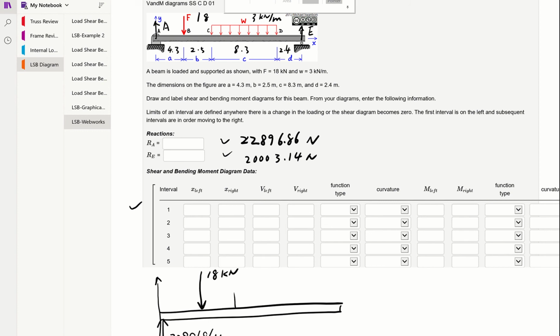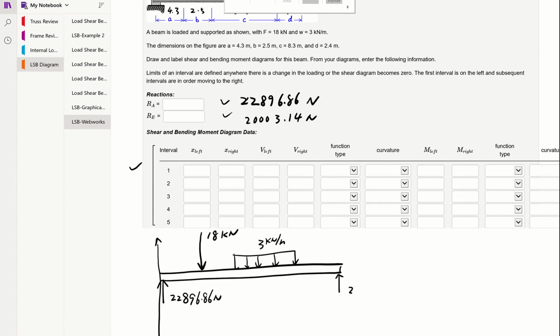Then following after, we have a distributed load given the intensity as 3 kilonewton per meter. At E, I'm going to change to kilonewton, so it's 20.003.